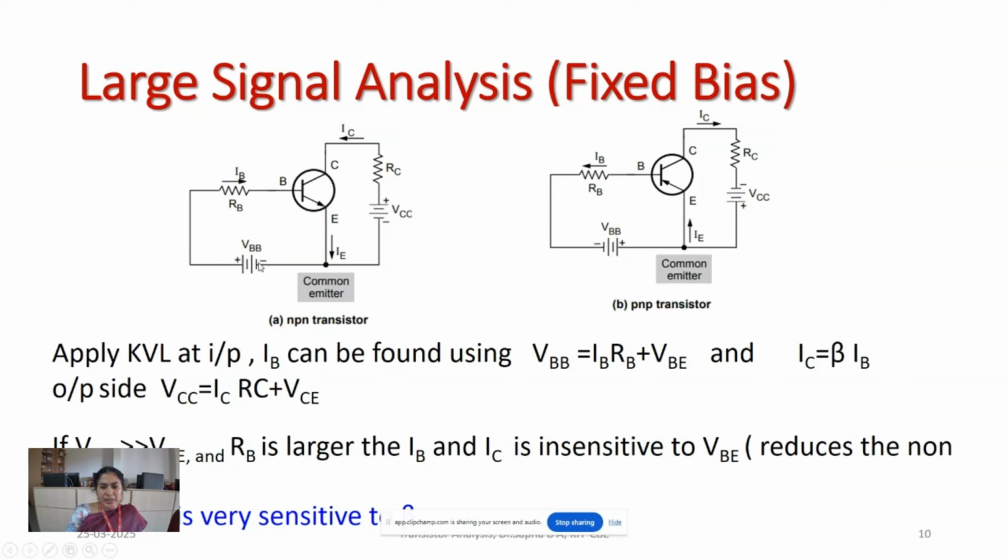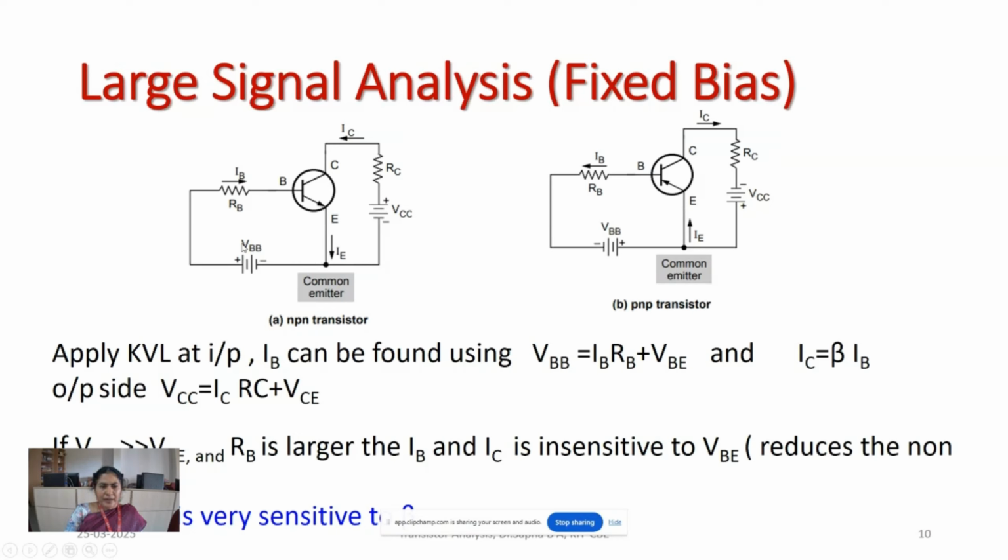The total voltage VBB will be equal to IB RB, the voltage across the resistor RB through which current IB flows, plus a small voltage across the base and emitter, which is VBE. So VBB will be equal to IB RB plus VBE. Normally we can neglect this VBE because it is very small, or we can take it as 0.7 volts.